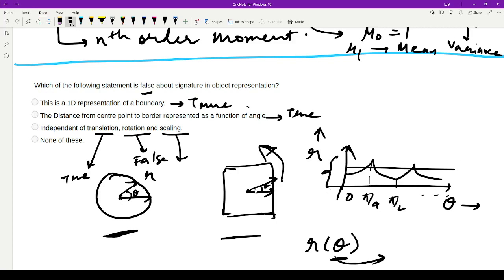The graph scale increases. Agreed? So if you increase the size, the distance from the center of the object to the boundary increases. So this whole thing will just get stretched out. The graphs will be stretched out. So this is not independent of all three. So this is the right answer.